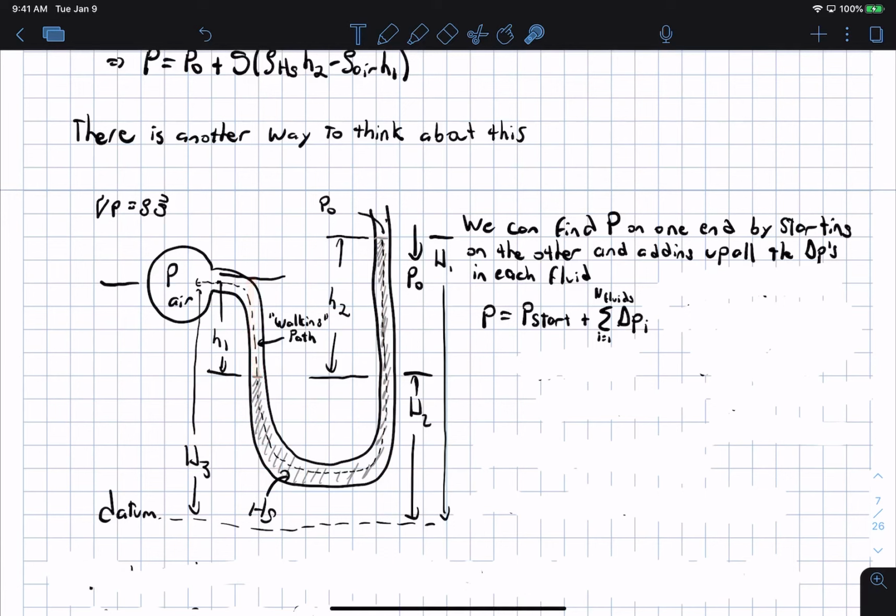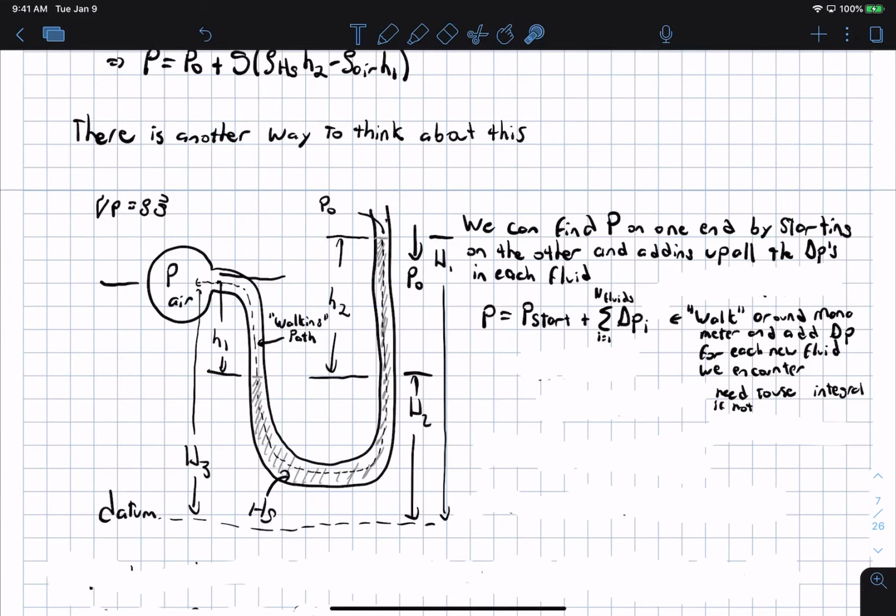So as long as you have nice, clearly defined sections, you can just add all the delta P's across each little section to the starting pressure. Okay, so we sort of walk around the manometer and add all the delta P for each fluid we encounter.